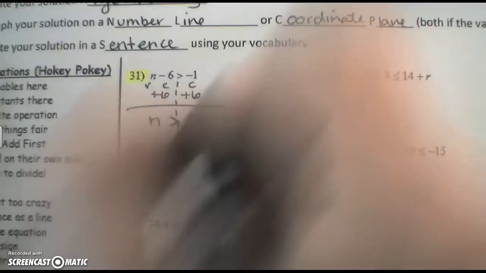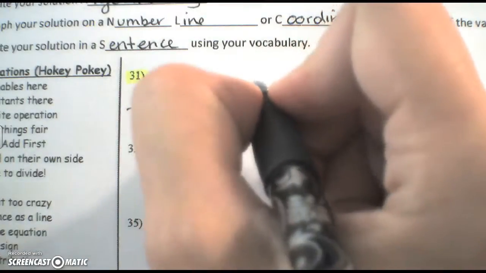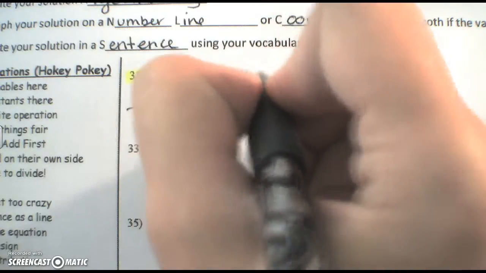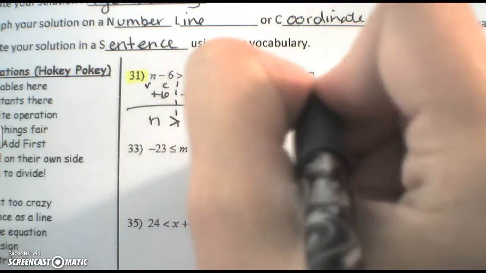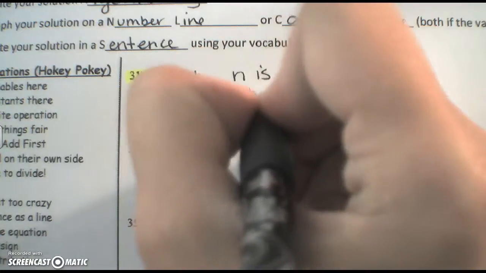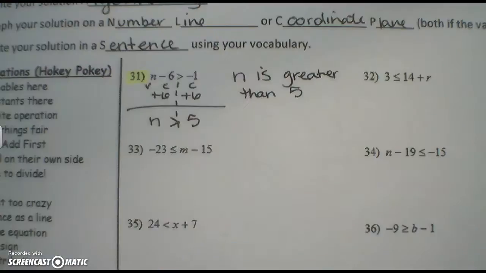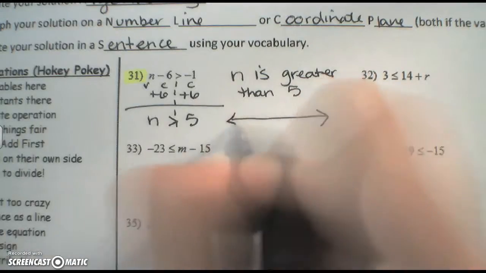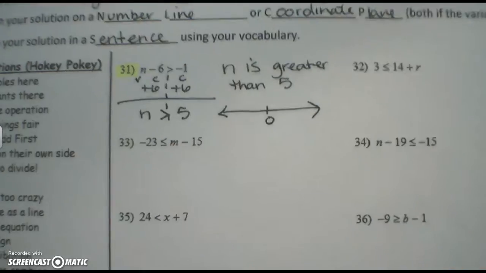We're going to write that out. So make sure that you know what that means. So n is greater than 5. All right, so we're going to draw a quick number line here and just need to stick 0 in there and then 5.